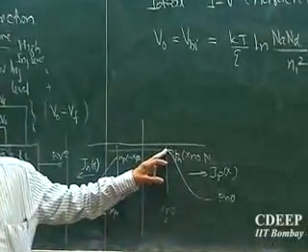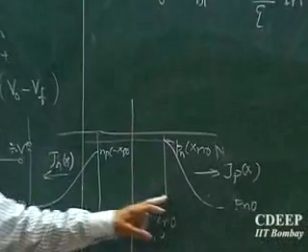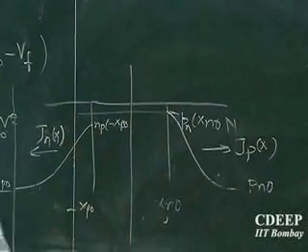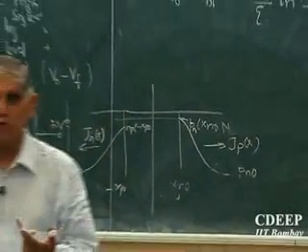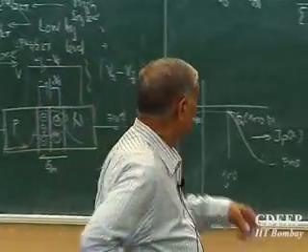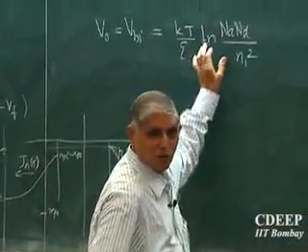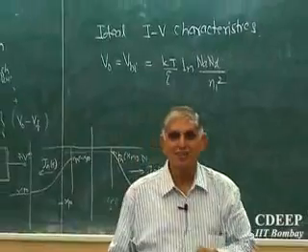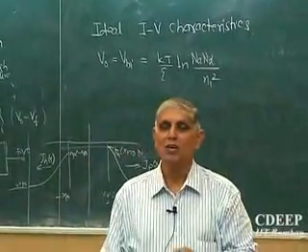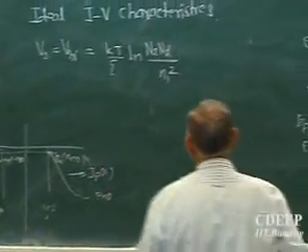So I don't know this value. At x equal to x_n0 and x equal to minus x_p0, I must get some value, and this value I can probably get from this kind of relation. Because what does this essentially mean?